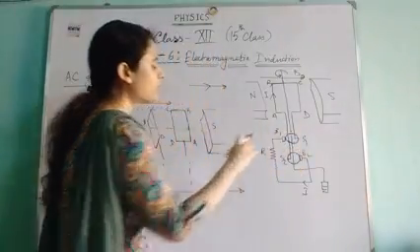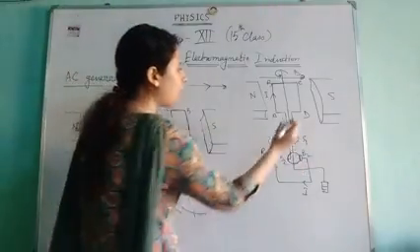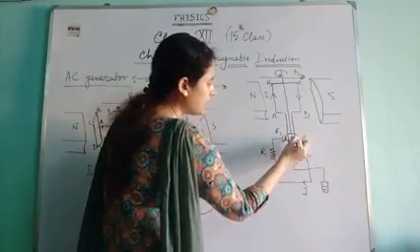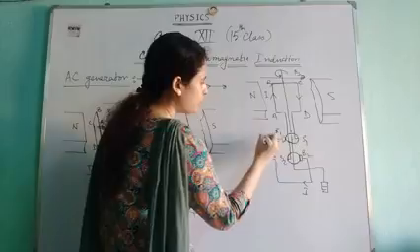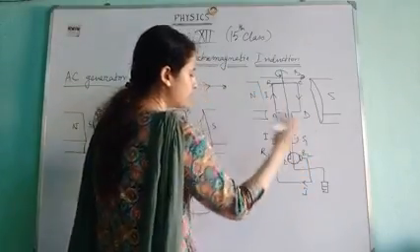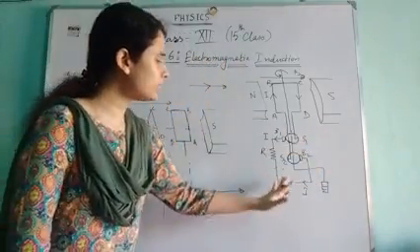Because it is a whole ring, no disconnection is taking place, and the current will be flowing out from this. Previously it was flowing in one direction, and in the next half cycle it is flowing in just the opposite direction.